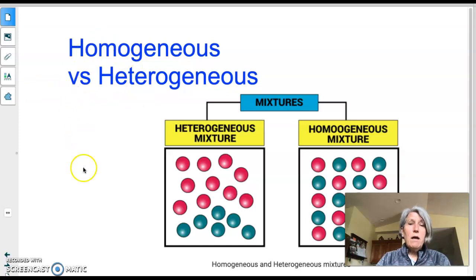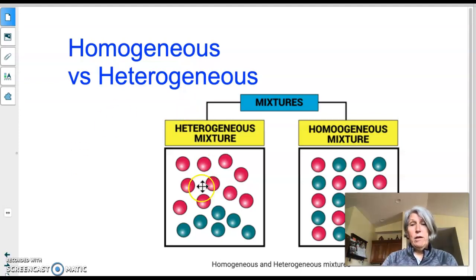When we talk about a solution, there are two terms that are often used at the beginning of any lesson in solutions: homogeneous versus heterogeneous. A solution is a mixture, and the mixture can be uniform or it could be in layers.